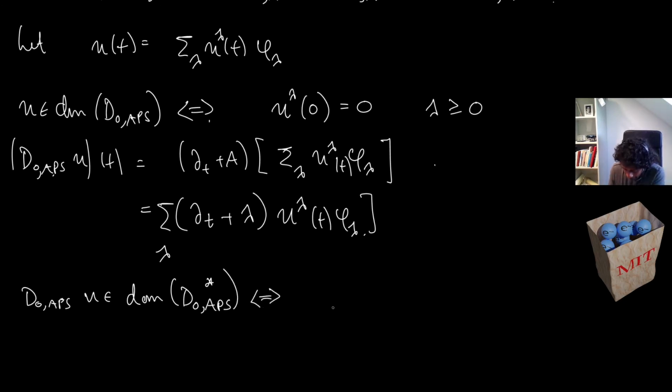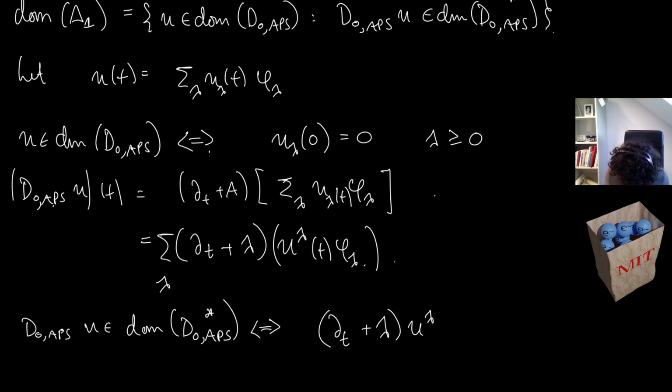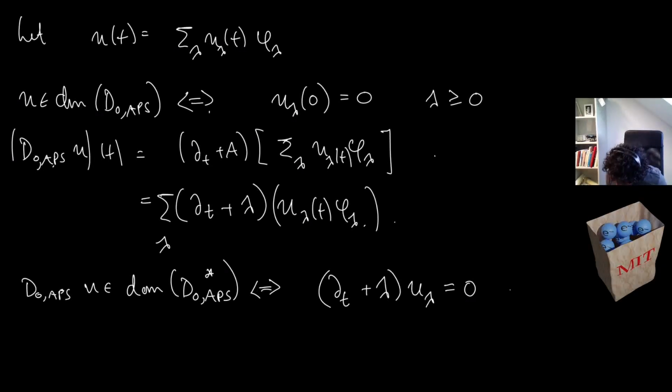This is precisely saying that dt plus lambda applied to u lambda has to be 0 for lambda negative.